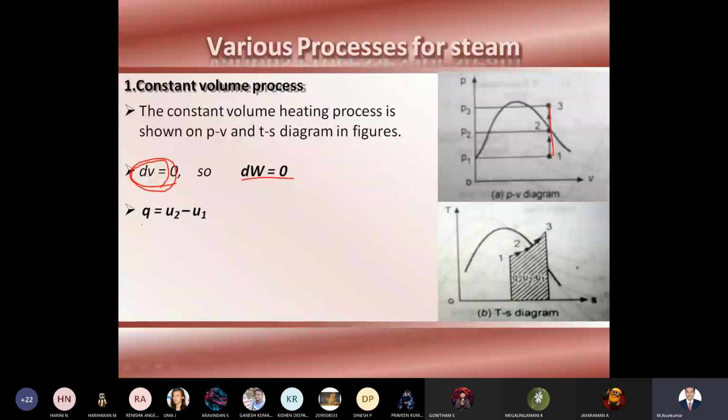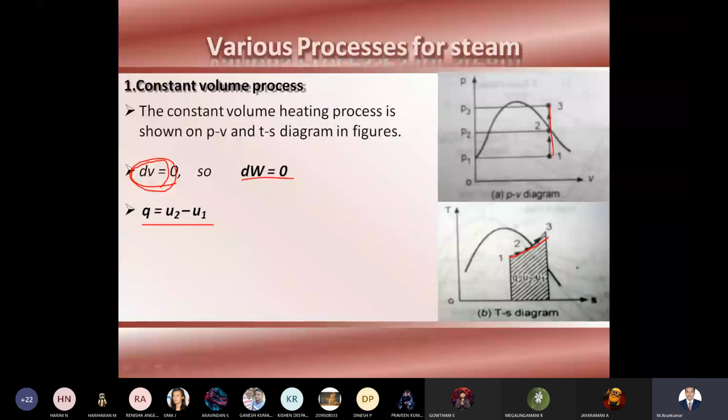Then finally we can have the equation for heat transfer: Q is equal to the change in internal energy, that is U2 minus U1. Then the TS diagram: the entropy will change, right?